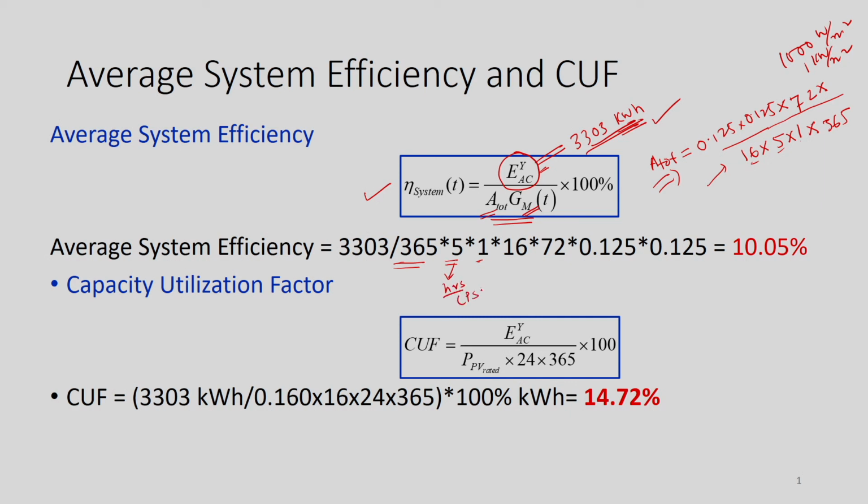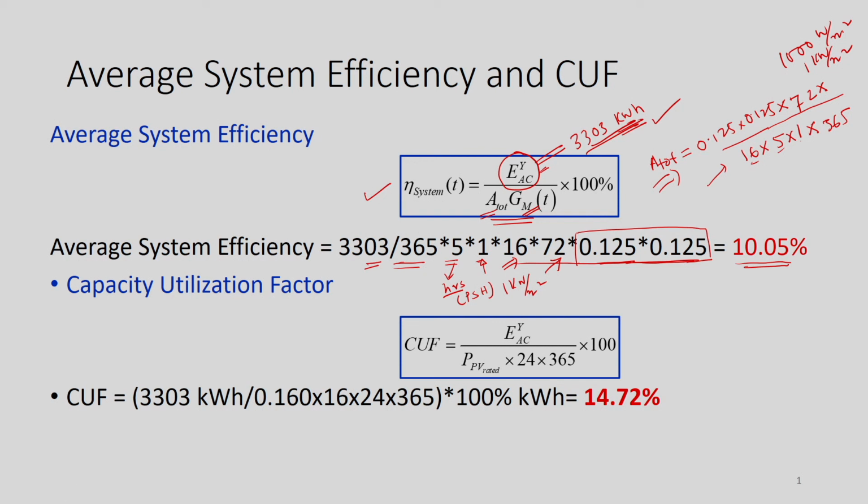Peak sun hour was 5 in this continued problem, and this 1 is 1 kilowatt per meter square, and then this part is nothing but the area of the panel, okay. 16 modules in that panel, then 72 cells, and then every cell has an area of something like this, okay. So, if we calculate it, then what we get is something like 10.05% average system efficiency.